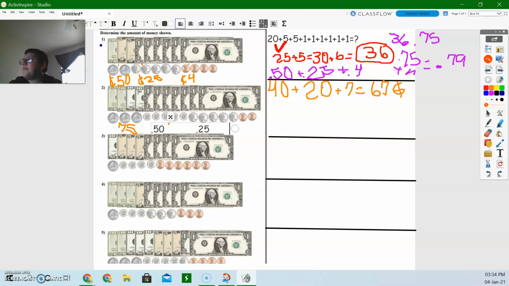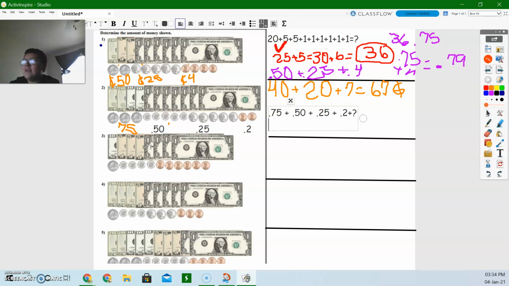And then we have our pennies, which are just 2 cents. Now we can calculate that here. So I'm going to put plus 75 cents plus 0.50 cents plus 0.25 cents plus 2 cents, which will give us our total.